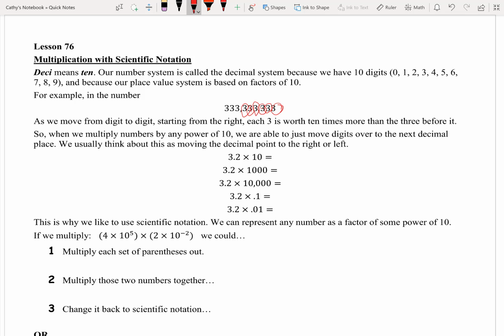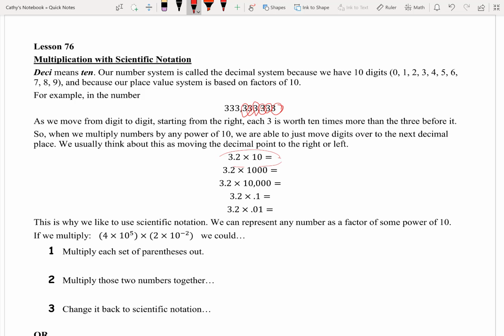And so when we multiply numbers by powers of 10, like 10, 1,000, 10,000, 1/10, 1/100th, all we have to do is move the decimal point to the left or right to change the value of each digit. So, for example, in 3.2 here, when I multiply it by 10, the 2 that was 2/10ths now becomes 2 1s, and the 3 that was 3 1s becomes 3 10s.